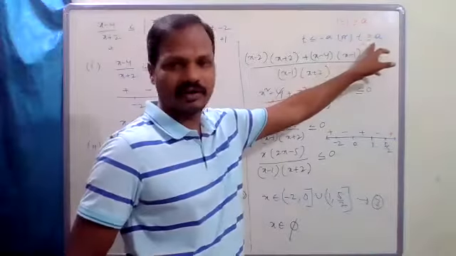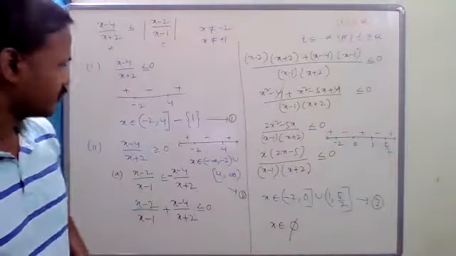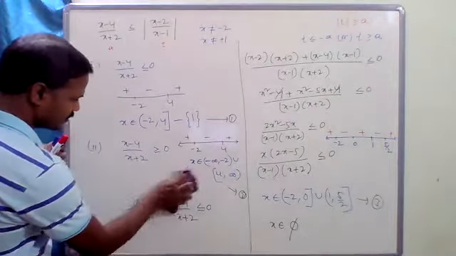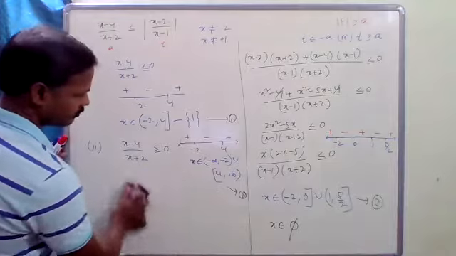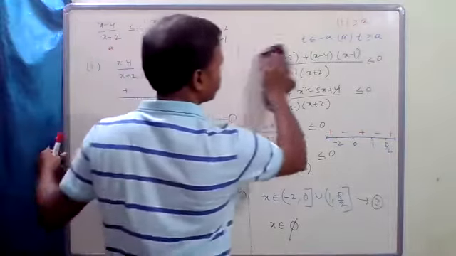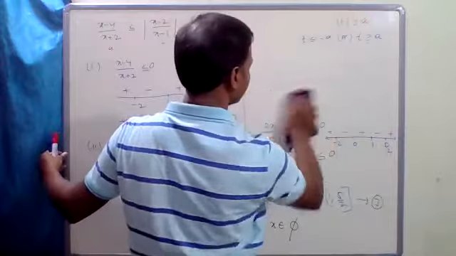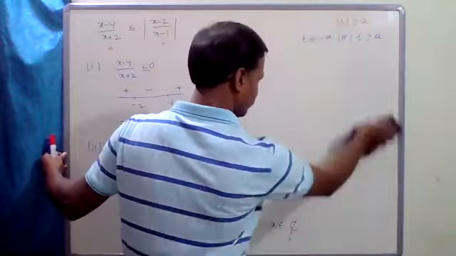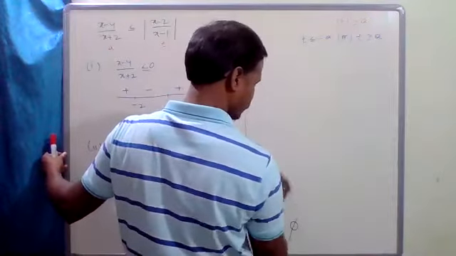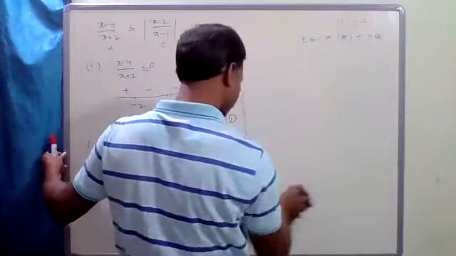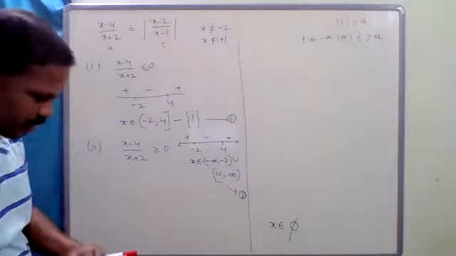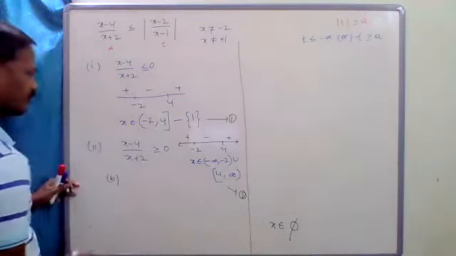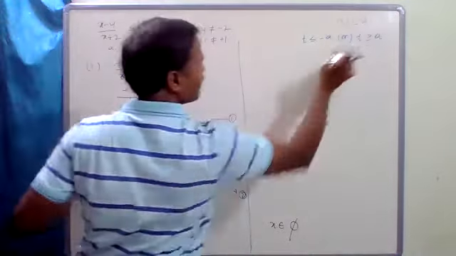This one is r, this one is t greater than or equal to a. B case. Now, t greater than or equal to a.